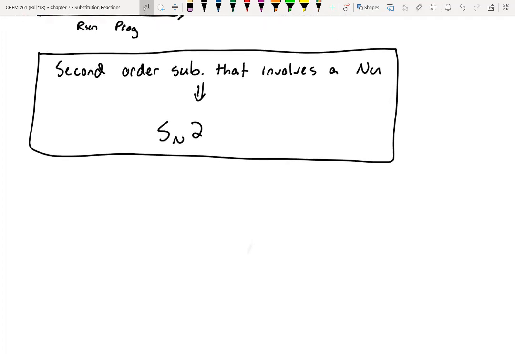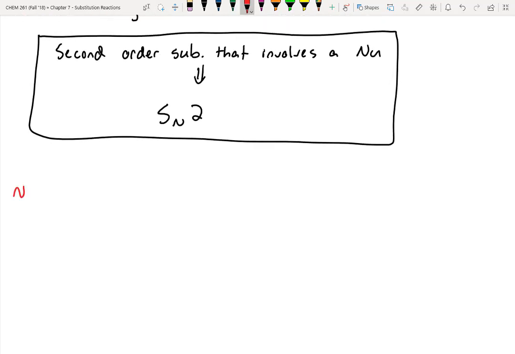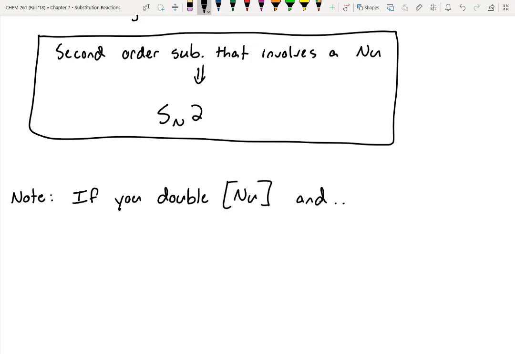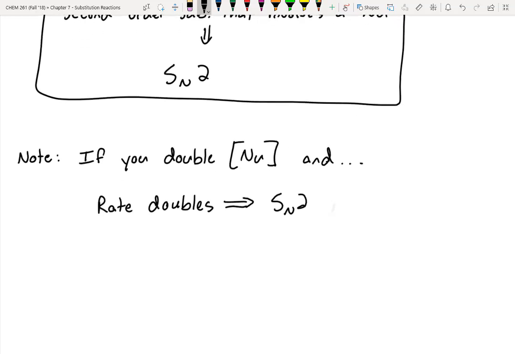All right, so let's make a note. If you double the concentration of your nucleophile and the rate doubles, then the reaction is an SN2 reaction, basically meaning it's going to involve the collision of your nucleophile with your leaving group and kick off your leaving group all in one step.